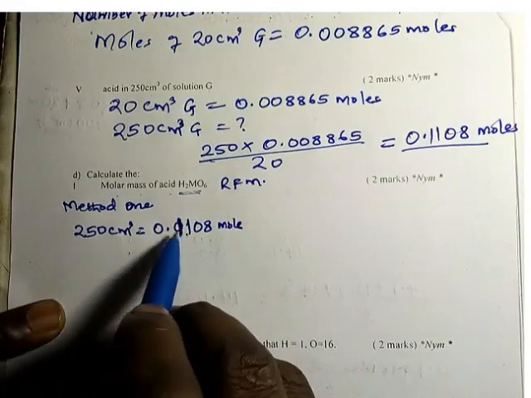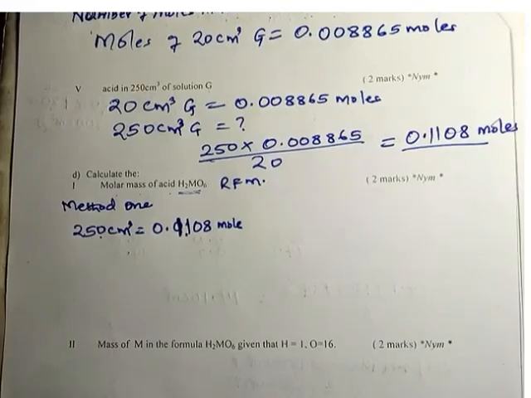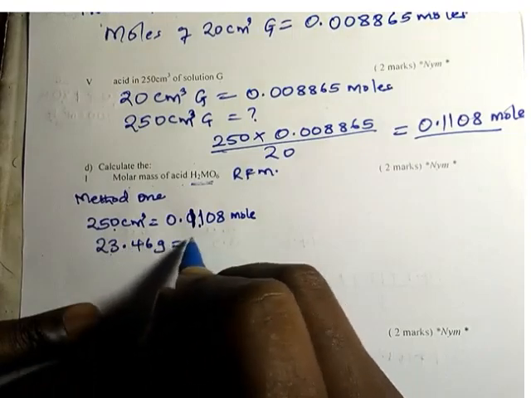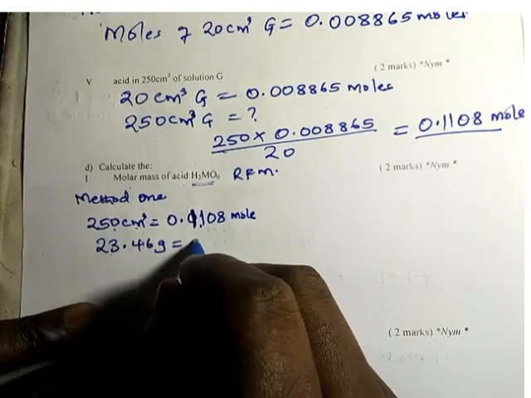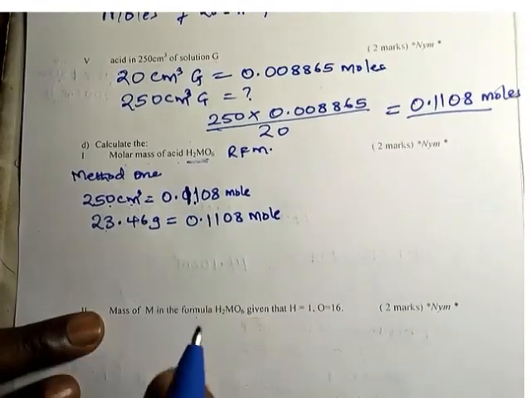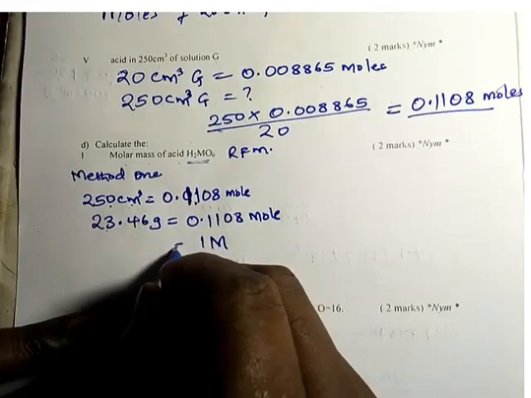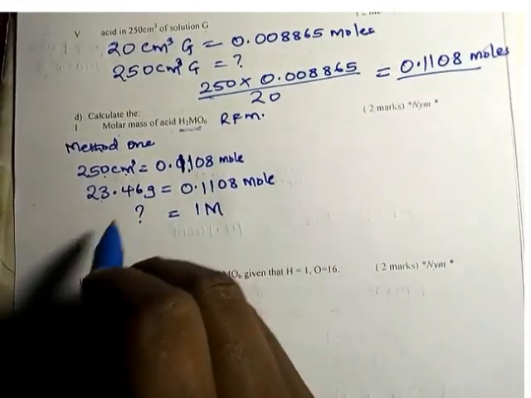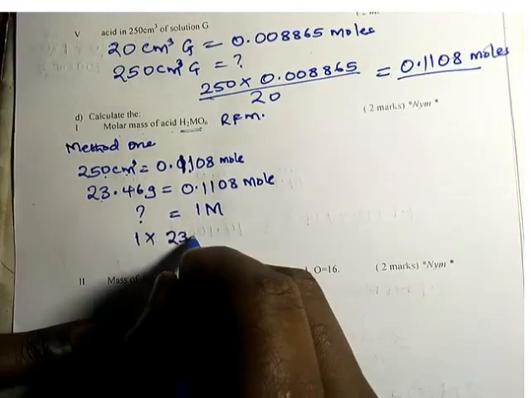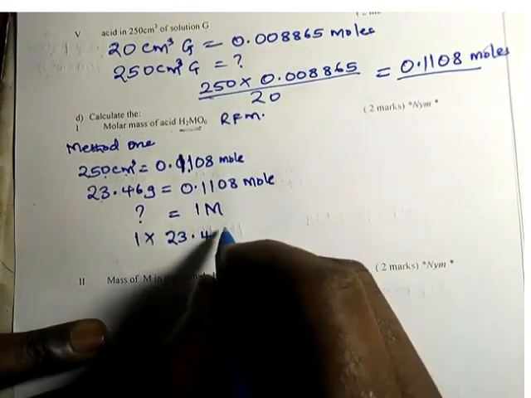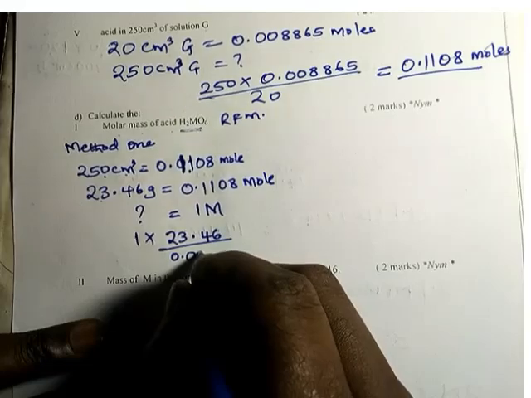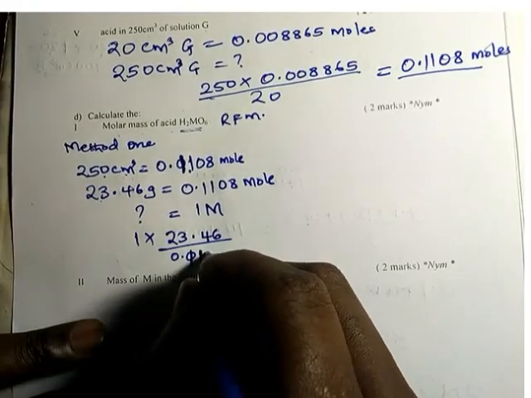And what was the mass in here? We were given the mass in 250. So the mass 23.46, this was the mass also in 250, and it contains 0.1108 moles. So 1 mole will contain what? So that is 1 times 23.46 divided by 0.1108.